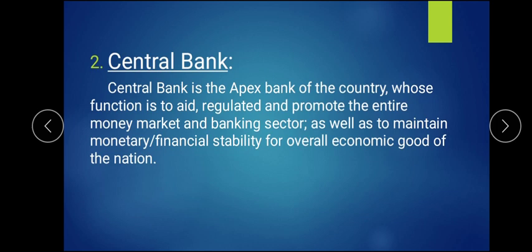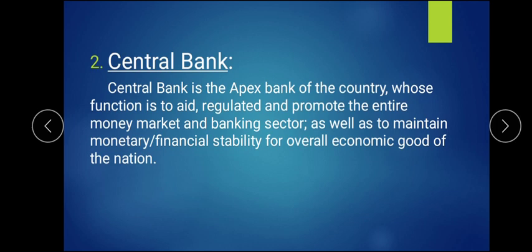But today, in this topic, only the definition is being made. It is the topmost bank of the country, which helps, regulates, and promotes the entire money market. Money market means how money is being supplied. There are different types of money markets in our country, and that money helps us for investment purposes, loan purposes, and credit facilities.